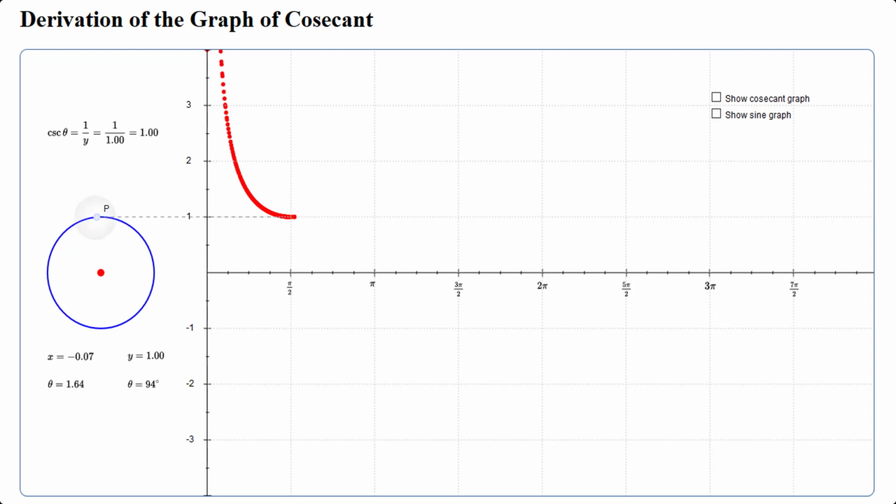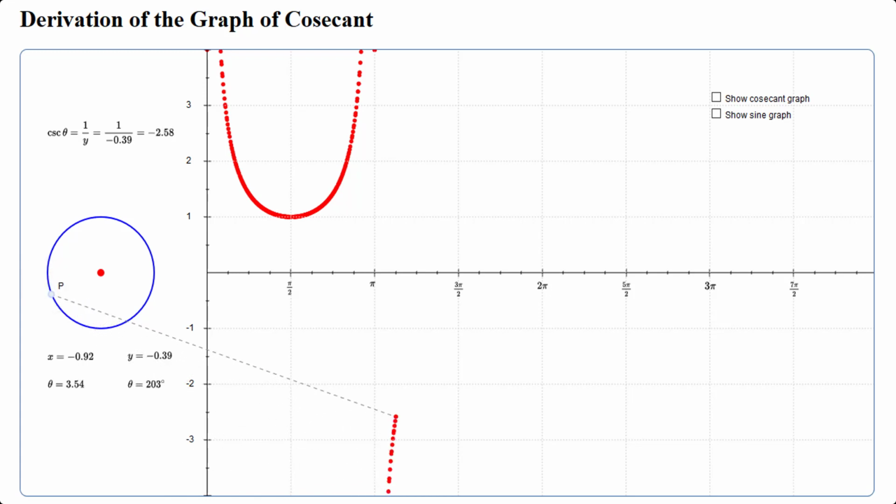If I continue rotating around, I am going to continue to see this U shape that I was seeing earlier, to a point where I get back to positive infinity again. And the graph tries its best to plot that at infinity, but it should be an asymptote there. If I continue rotating around, now my y values are negative.